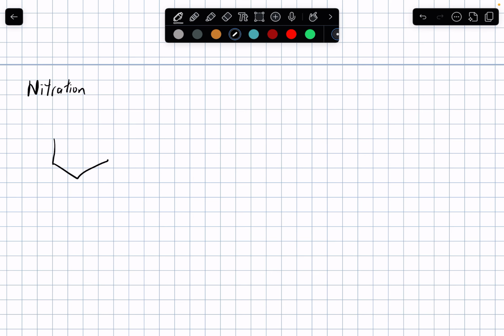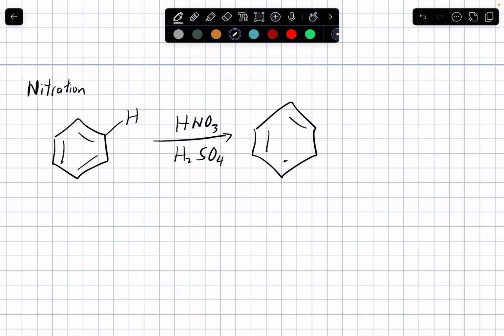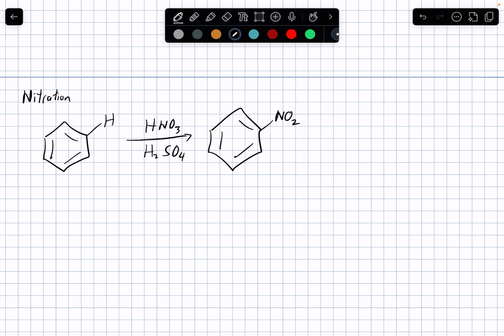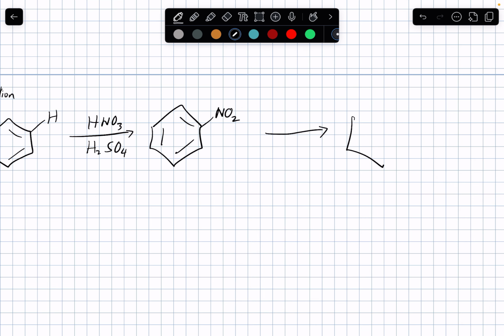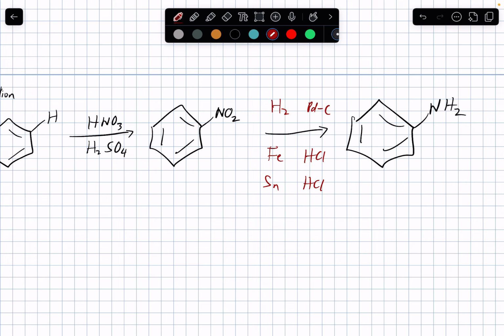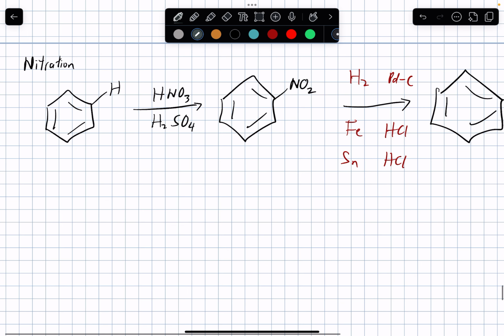Let's write this. So when we apply HNO3 and H2SO4, what we get is NO2. We further reduce this to get aniline. What do we use? H2, Pd/C, Fe, HCl, Sn, HCl.